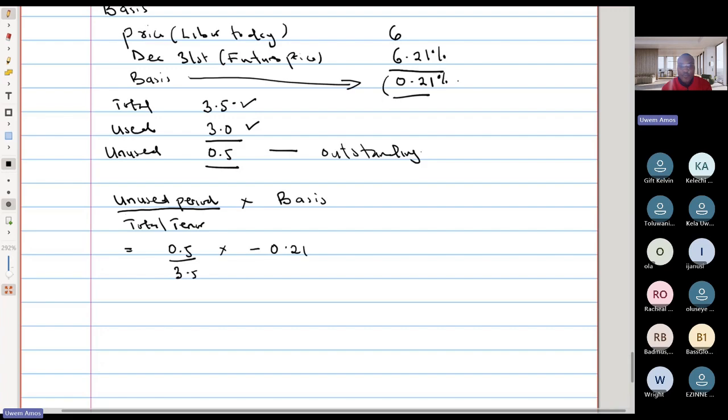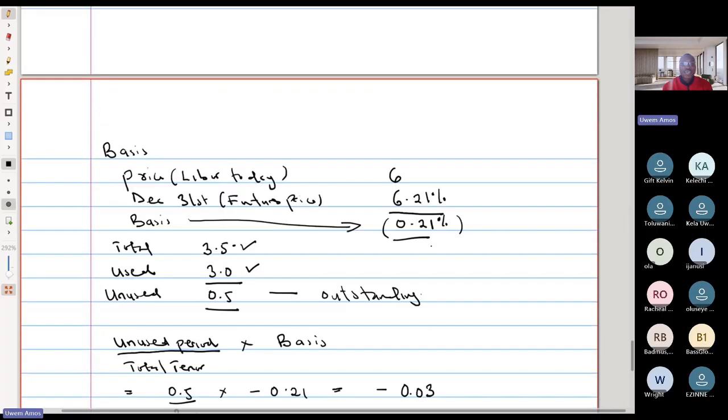This is minus. So what does it give us? That's 0.5 divided by 3.5 multiplied by 0.21. So that's minus 0.03.